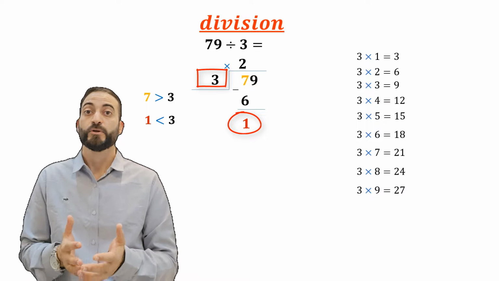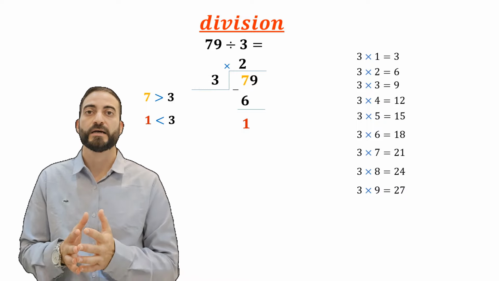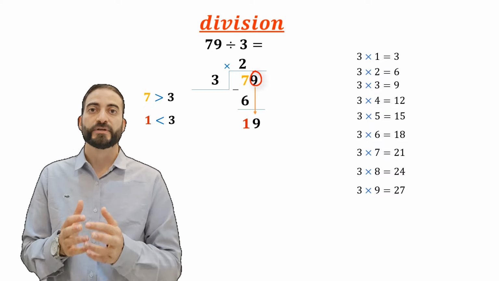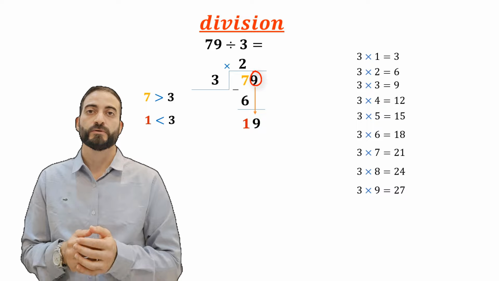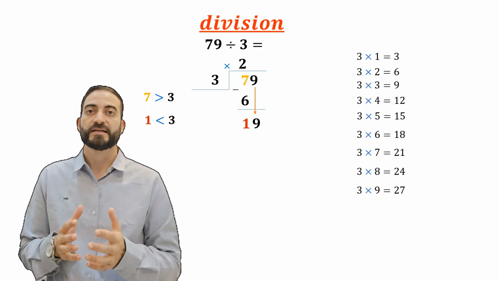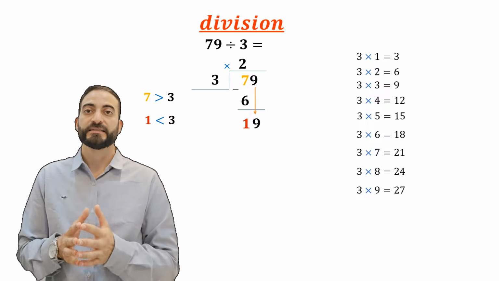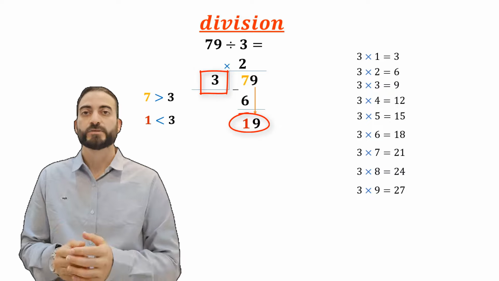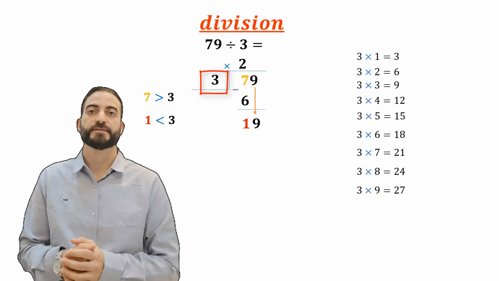The answer is no. This means we have to bring down the number beside the 7 here. So beside the 7 we have 9, so we put 9 here, so we have 19. Now we must also ask ourselves, is 19 greater than or equal to 3? The answer is yes. This means we can complete the process.